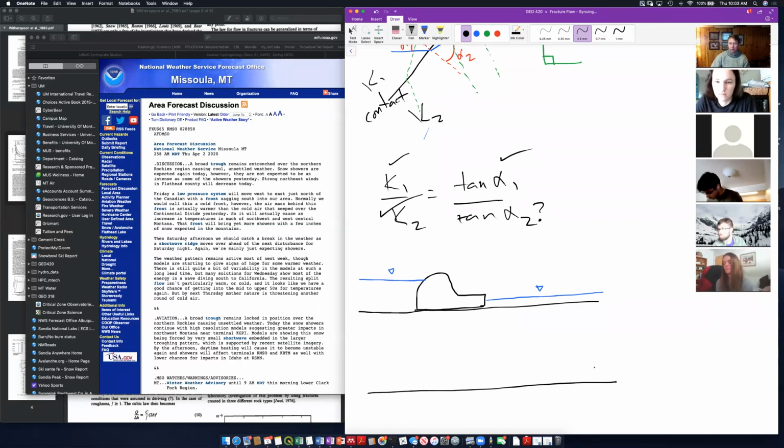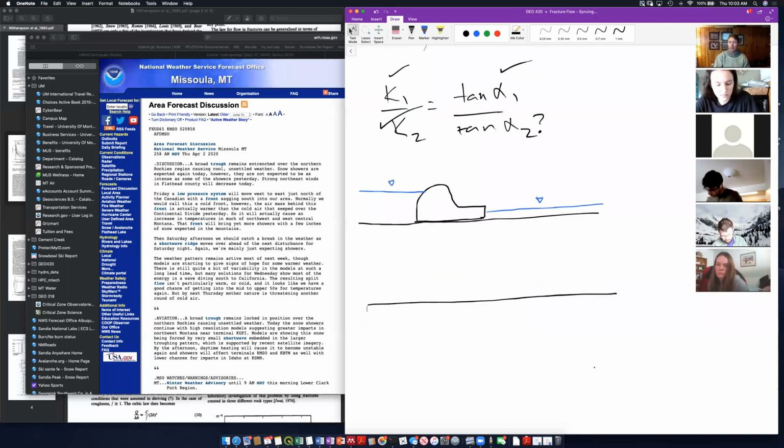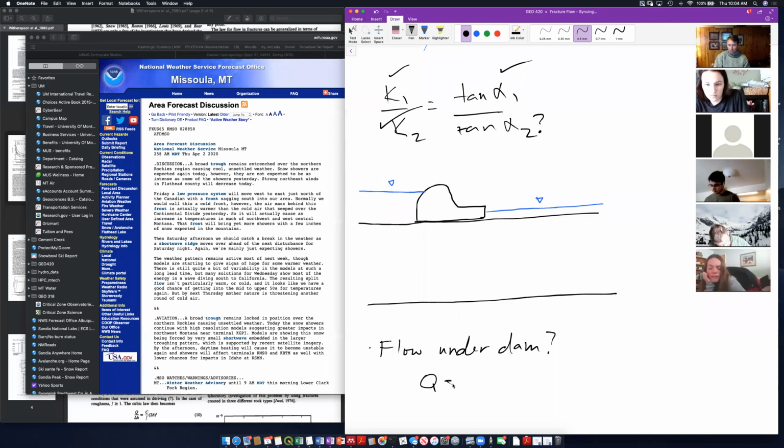So one of your first things was to draw a flow net, right? And then you need to calculate the flow under the dam. So what equation did you use? I used Q equals NF over ND times transmissivity times the change in head.